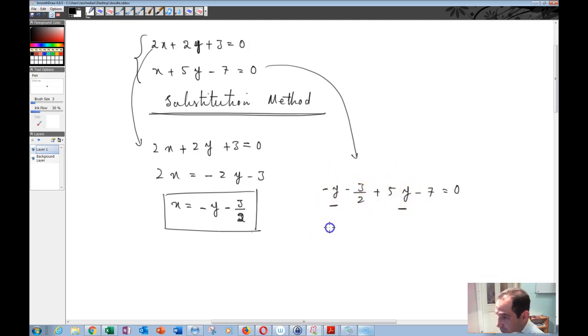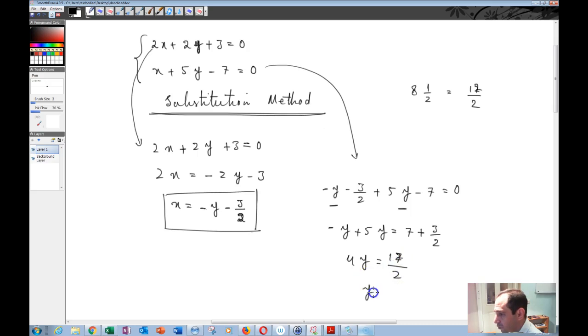For example, you can write that negative y plus 5y is equal to 7 plus 3 halves, and then 4y is equal to, this 3 halves is 1.5, so that would be 8.5. So 8.5 would be 17 halves.